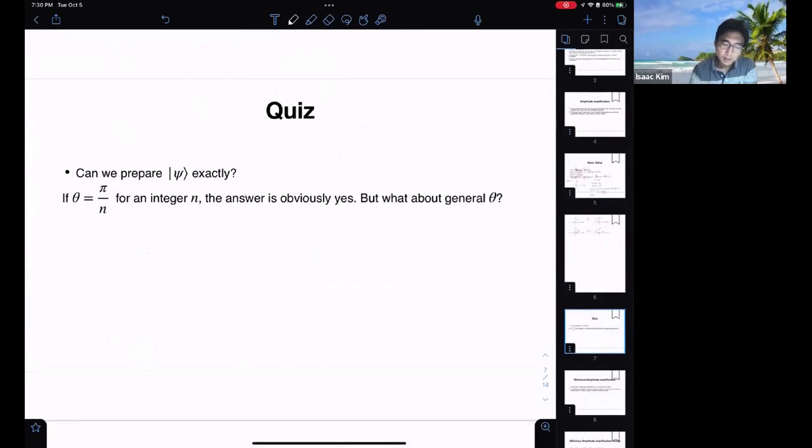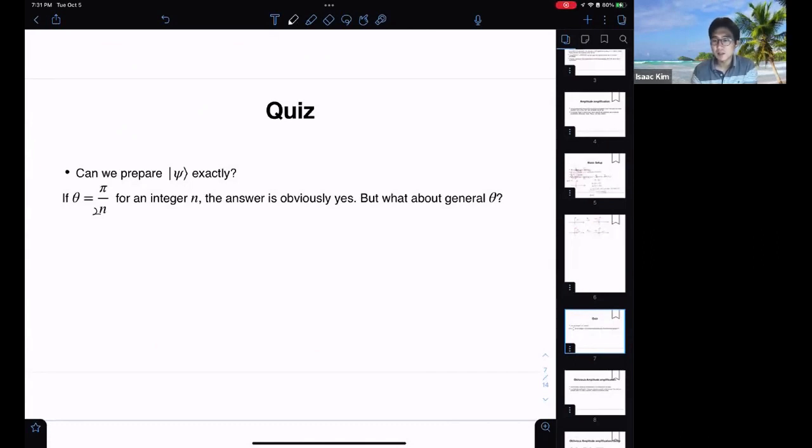And if you think about it, if theta happens to be pi divided by some integer n, then the answer is obviously yes, because you can take pi divided by 2n, and then you apply this n minus 1 times, and then you get an angle of pi over 2, and sine of pi over 2 is 1.